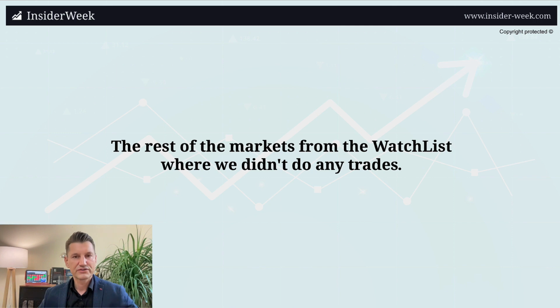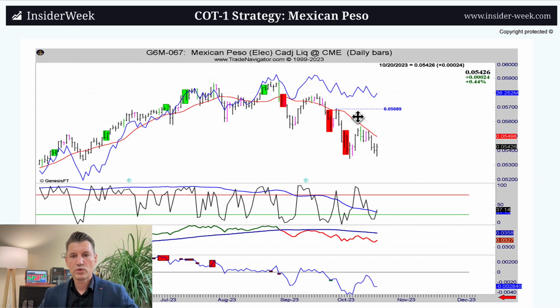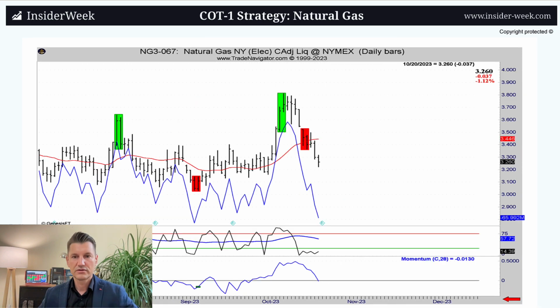In other markets from the watchlist, I didn't do any trades because the market went in another direction. For example, here I waited for a trend change from a downward trend to an upward trend, but as you can see, we got a downward trend continuation. Also here, I waited for a pullback and upward trend continuation, but the correction didn't end.